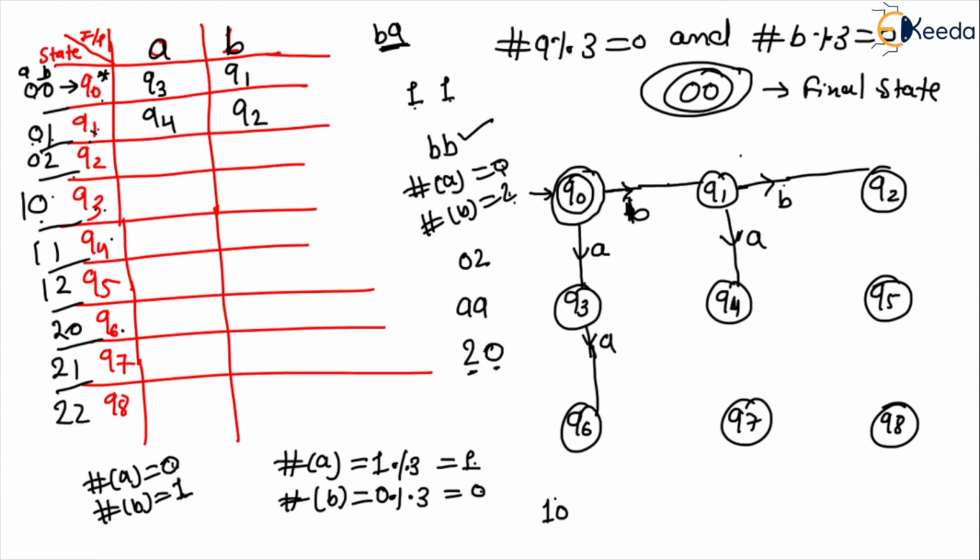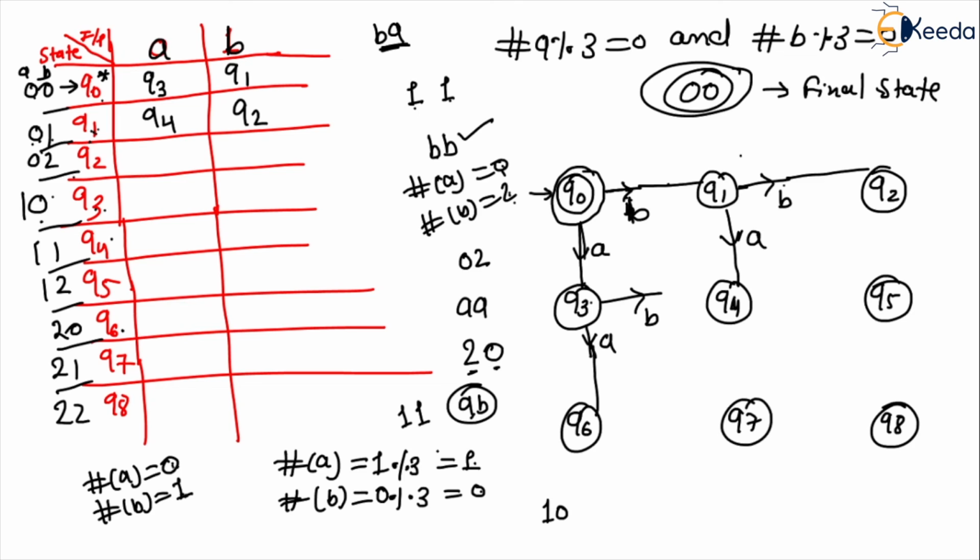That's it. Got it? Now if we apply the input B on this state, then the string is AB. When you apply the input B on Q3, the complete string from the initial state is AB. This AB string contains number of A is 1, number of B is also 1.